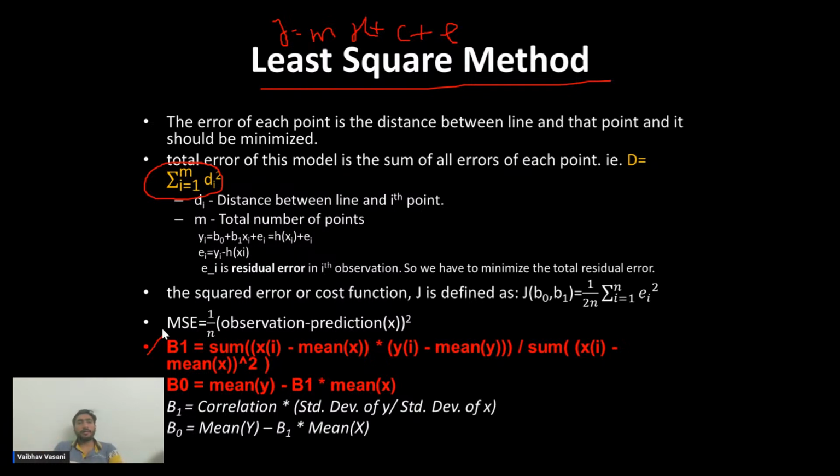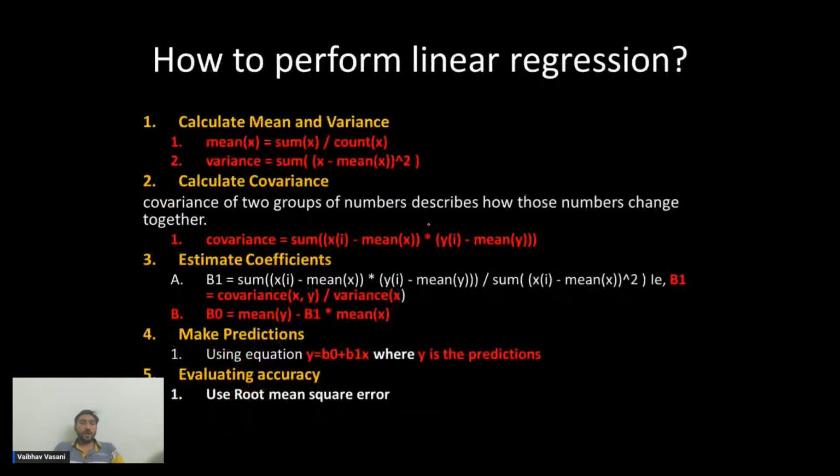How to perform linear regression? Very simple. First, we calculate the mean and variance, which tell us how much the values vary from the original value we are supposed to have. Then we calculate the covariance, how those two are grouped together.